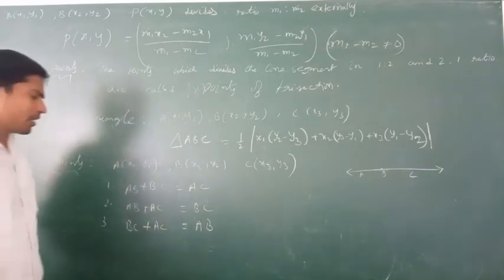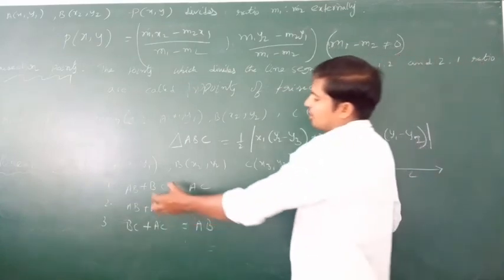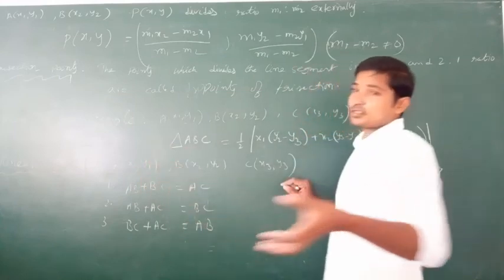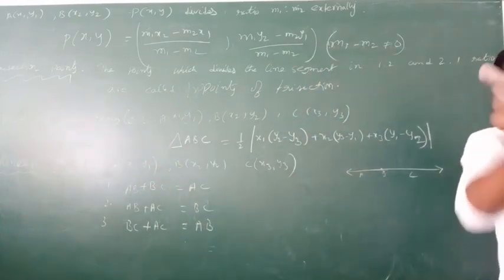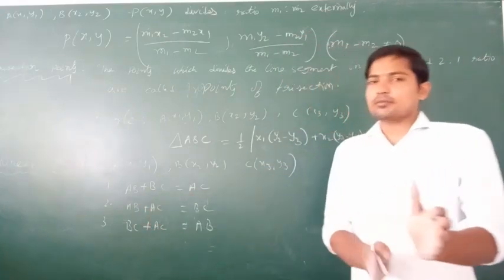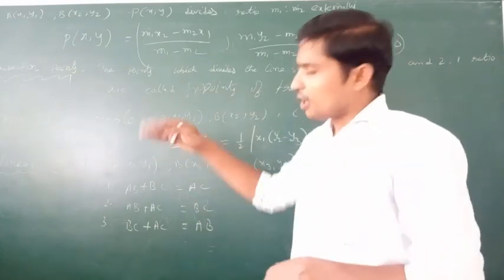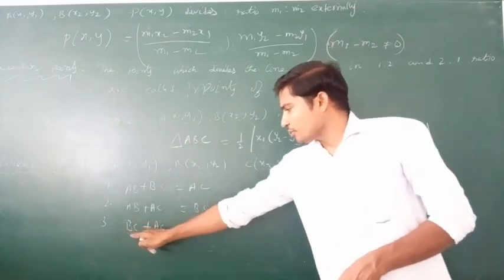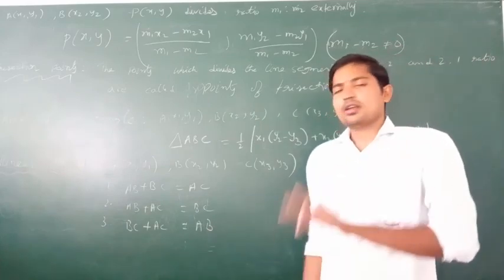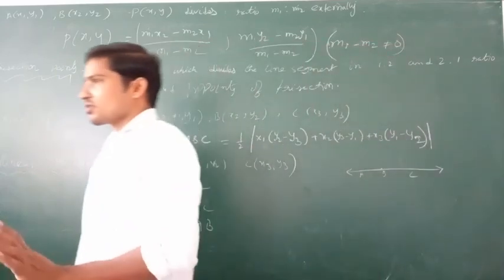In this case, you find the distances AB, BC and AC and add them. If AB plus BC equals AC, those points are collinear. If AB plus AC equals BC, then also they are collinear. If BC plus AC equals AB, then also they are collinear. These things we discussed.